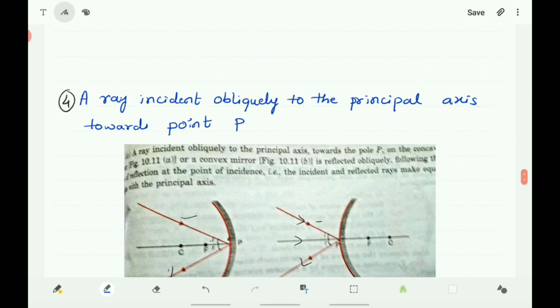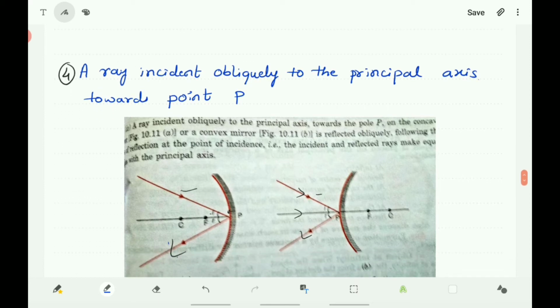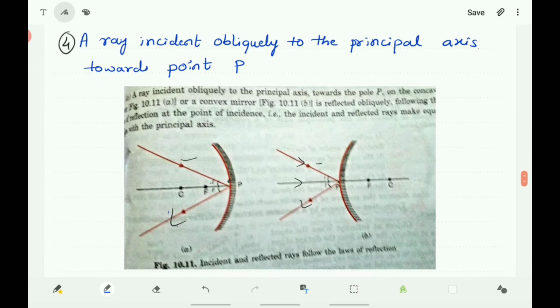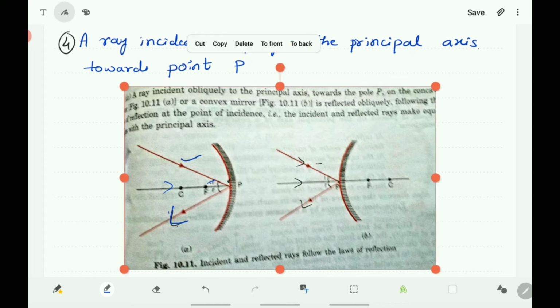Next, fourth, a ray incident obliquely to the principal axis towards point P, the pole. Here it is a principal axis and this is a ray oblique to it, incident towards the pole on the concave mirror. It reflects obliquely, and the angle of reflection equals the angle of incidence.